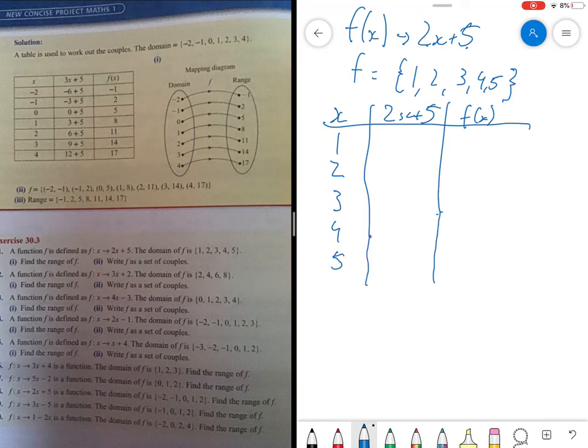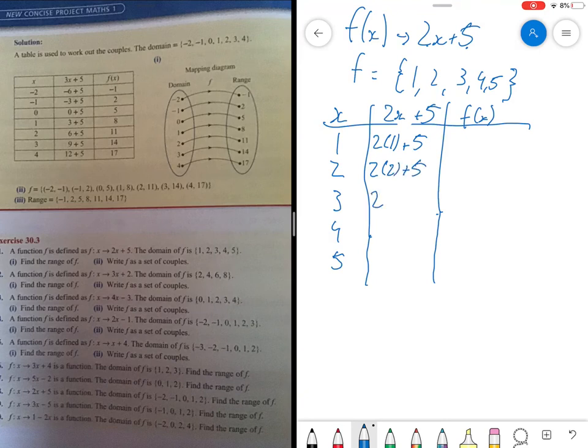If I make that look a little bit more like an x, that would be good. There we go. Now what I do is I just sub my values for x into my function. So 2 bracket 1, I swap the x out for the 1, plus 5. 2 bracket 2, plus 5.